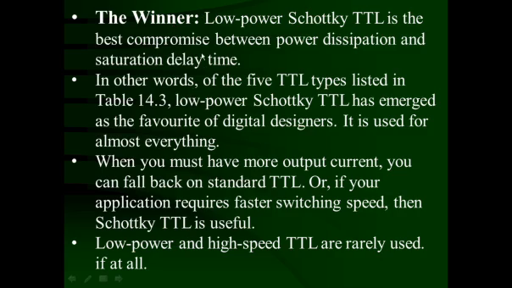Out of the 5 types of TTL, people normally utilize this low power Schottky TTL, known as the LS series. L stands for low power and S stands for Schottky TTL. So between 74 and 00 etc., LS is written, which indicates low power Schottky TTL.